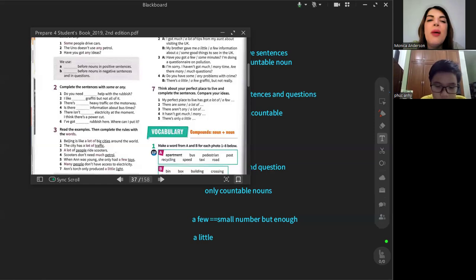So let's complete the sentences. For example, my perfect place to live has a lot of trees and maybe a few cars. There are some or a lot of flowers, and there aren't any, maybe what?